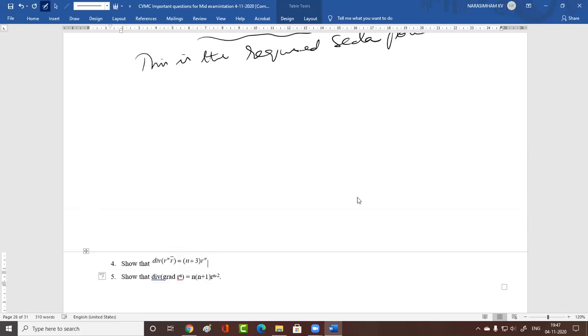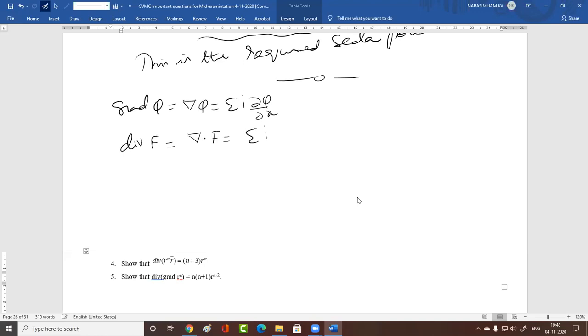Okay. So for the remaining problems, we will use another notation. Now, very, very important notation. Gradient of phi, del phi, is nothing but sigma i dou phi by dou x. Instead of writing the 3 terms, simply I will write i dou phi by dou x. Divergence of f is del dot f, simply sigma i dot dou f by dou x.